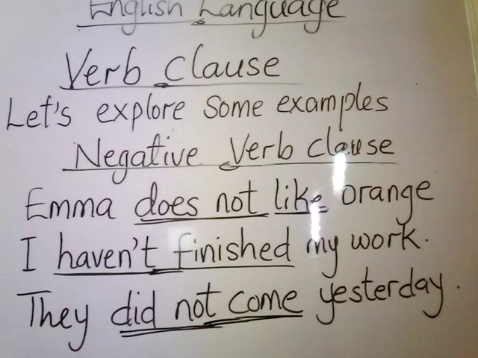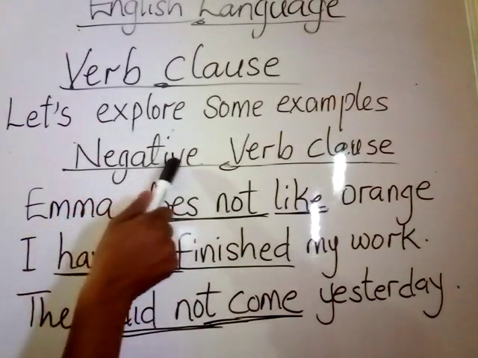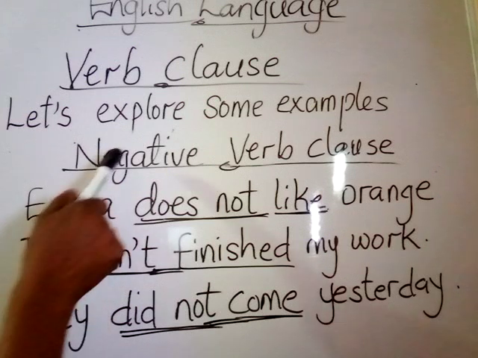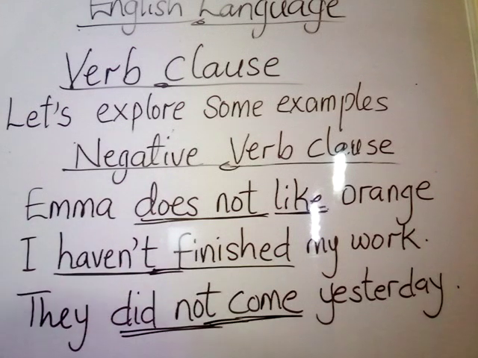So the not in these verb clauses makes them the negative verb clause. Without the not, they will not be negative. Okay? So whenever you see not anywhere, it refers to no, which is negative. So these are some examples of negative verb clauses.